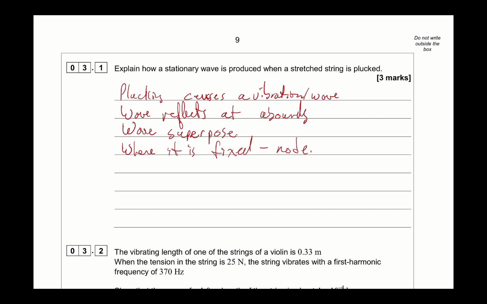So you'll have destructive interference. Or you will end up with positions of maximum amplitude. So you're going to have constructive interference where you've got the antinodes. Okay, so really they're just asking, how does a standing wave get made?